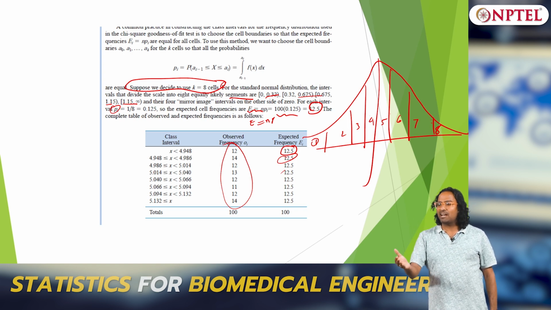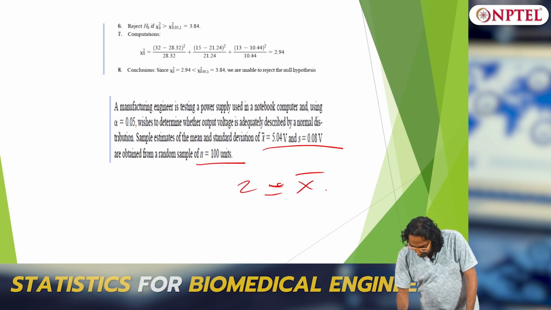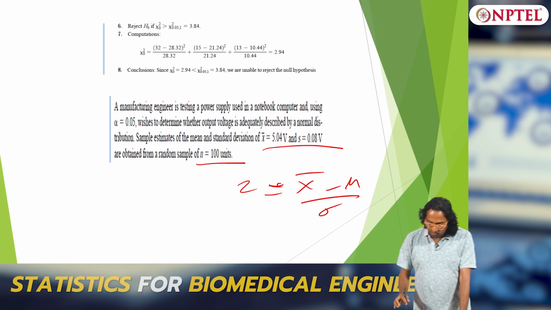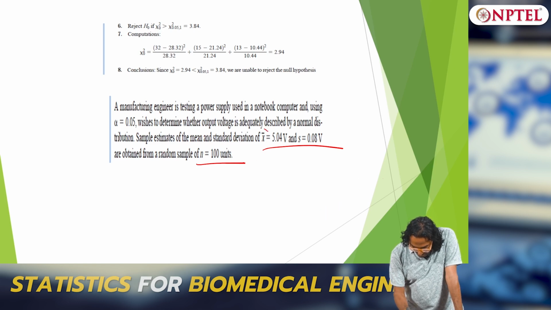Use the standard normal, make a z out of this: z equals x bar minus mu by sigma. So this x bar is known to you, s is known to you.